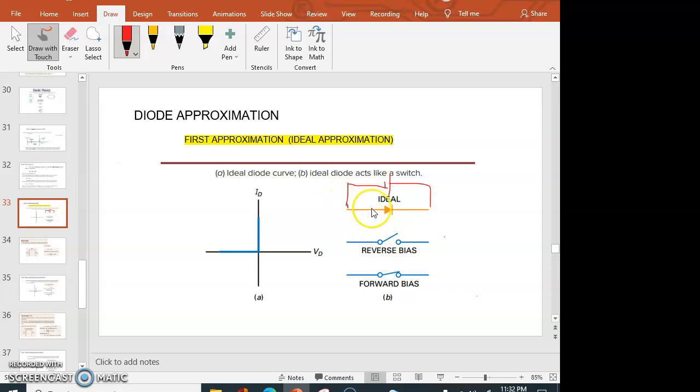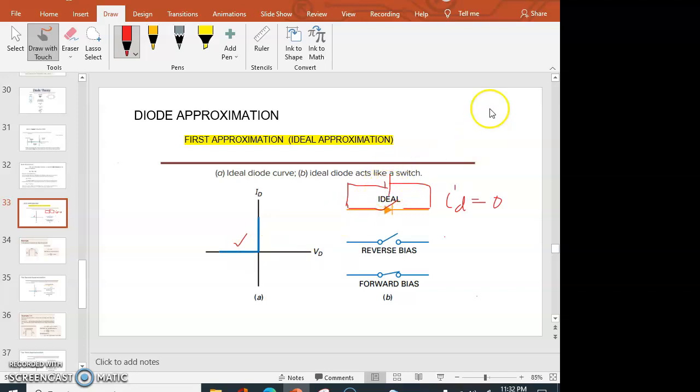What the biasing will do with the diode is it will simply open the diode, so it will look like an open switch. So with an open switch, we don't have a current. The current that passes through the diode is simply equal to 0 because you apply a reverse voltage, and that's the reason why what we have here is a flat line under the reverse voltage.